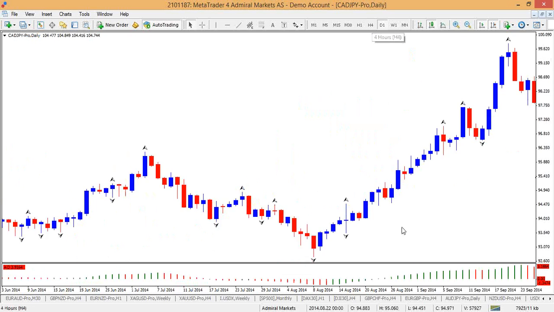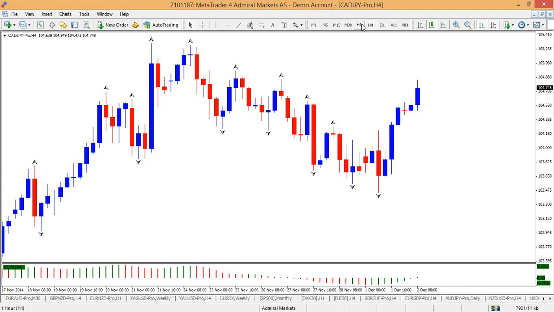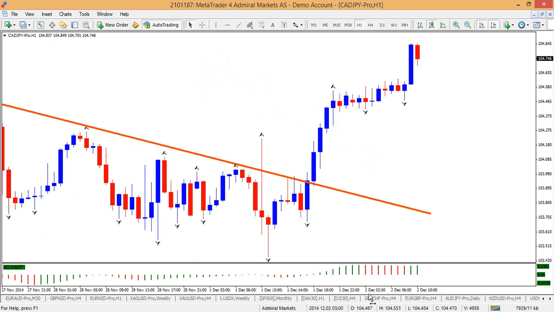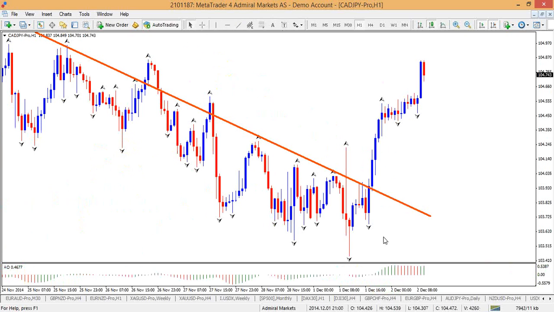Yesterday there were engulfing twins after a very serious upside break of this resistance line. Let's see, what's the fib target in CAD yen? 106.44?